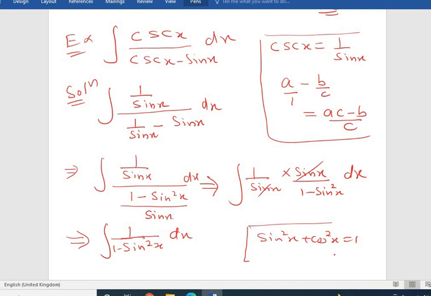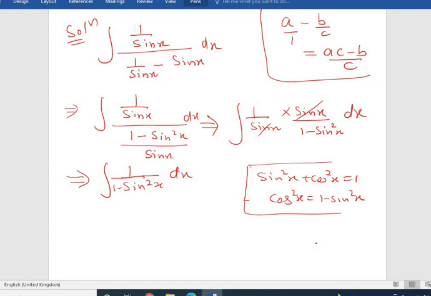So if you replace this one here, then cosine square x is equal to 1 minus sine square x. So in place of 1 minus sine square x, I can write cosine square x. So now 1 divided by 1 minus sine square x means 1 divided by cosine square of x dx.